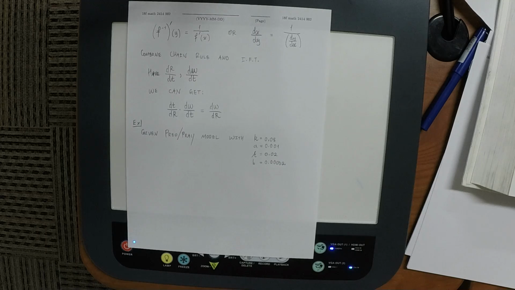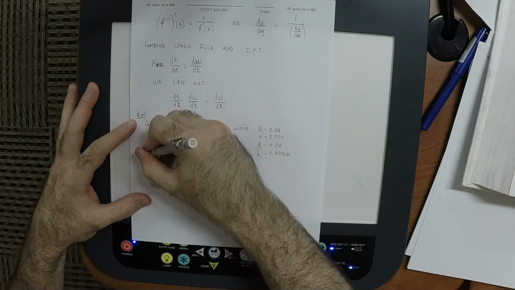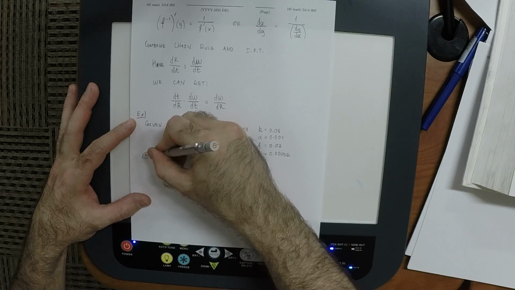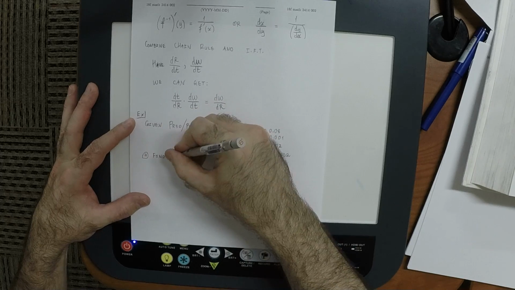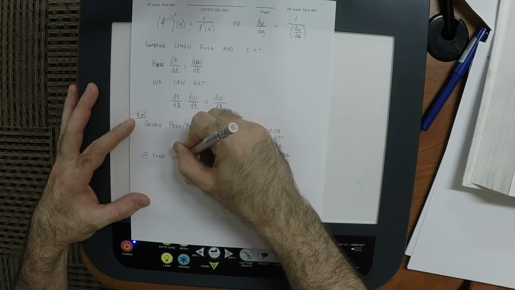So given the predator-prey model with those particular parameters, we want to find, in the first place, the constant solutions.